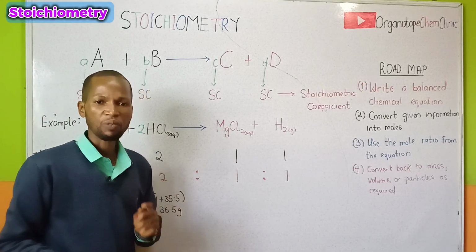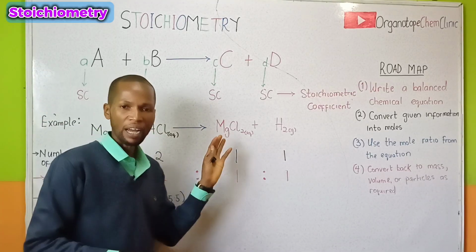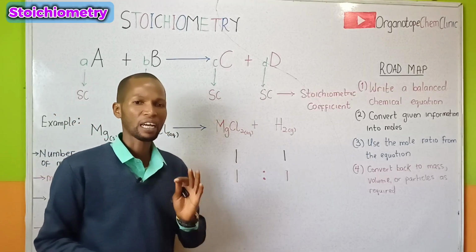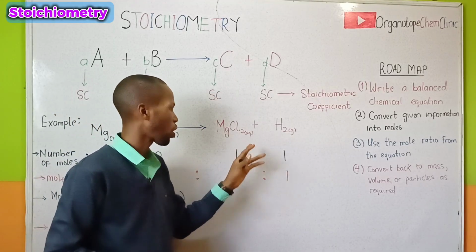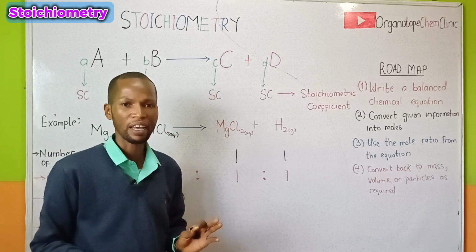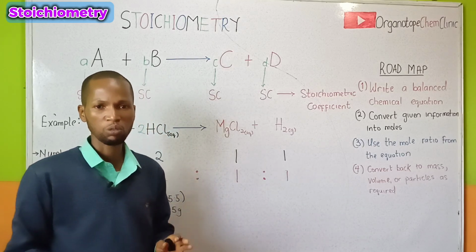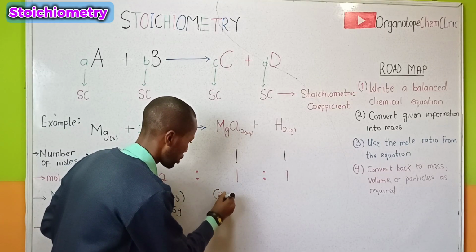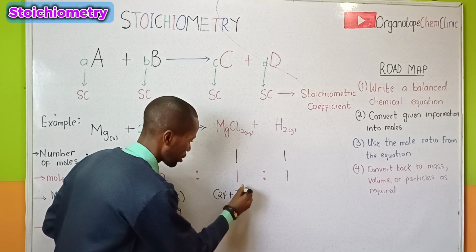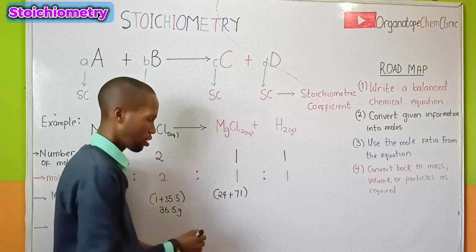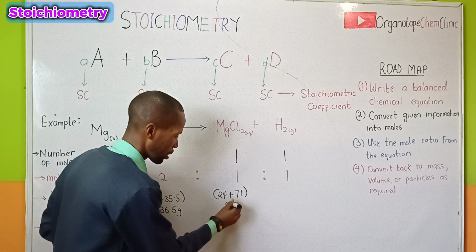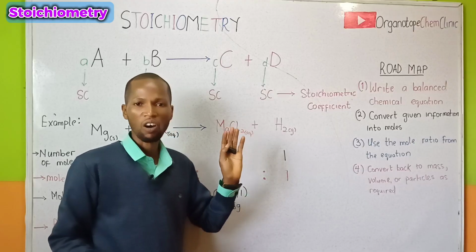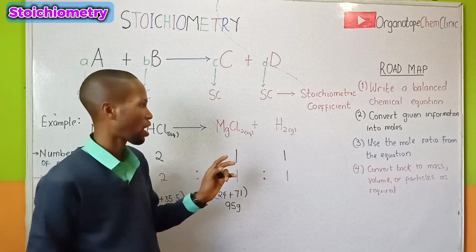Then on the product side, we have the magnesium chloride. Magnesium has atomic mass 24 and chlorine has atomic mass 35.5. But we have 2 atoms of chlorine here, so 35.5 times 2 is 71. So we have 24 plus 71, which results in 95 grams. So the molecular mass of magnesium chloride is 95 grams.